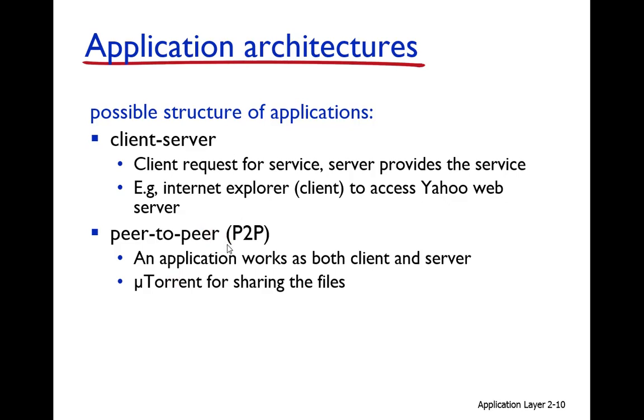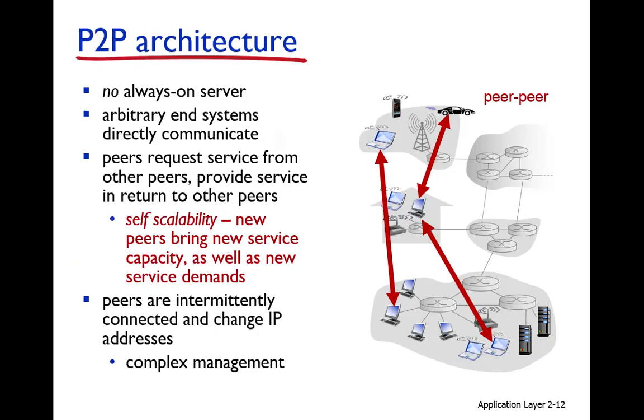Okay. The peer-to-peer architecture is like this. There is no server. Each user can, for example, access a file from another user, and this user may also provide a file to him or to another user.